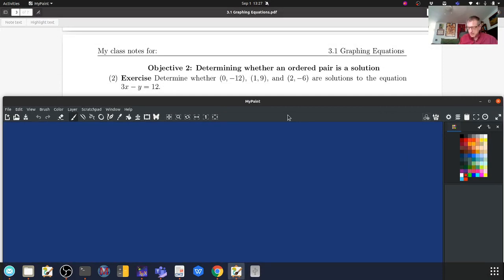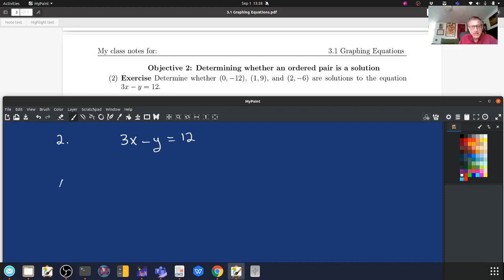So here is a linear equation in the variables x and y. That's going to be occupying us for quite a bit of this course and the next course. So 3x minus y is equal to 12. And just like a regular equation, any value of x together with any value of y that will make this a true equation or a true statement is considered a solution.